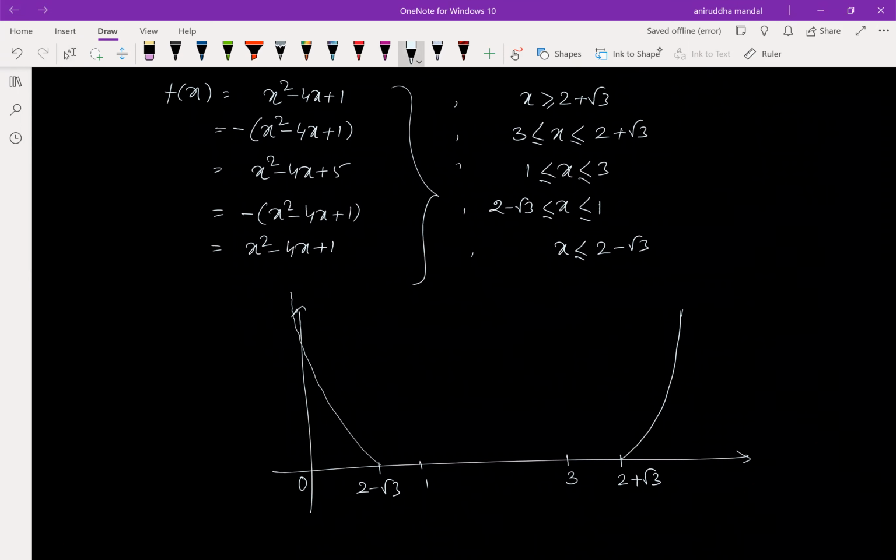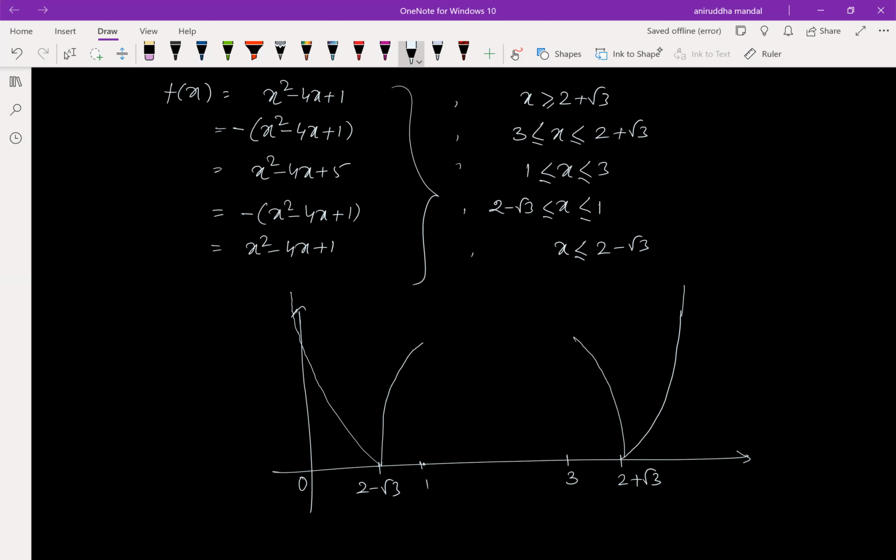Now next is in between 3 and 2 plus root 3. This is a negative graph. Negative graph means the parabola goes downward, so it looks like this. And a similar graph will be in between 3 and 2 plus root 3, and from 2 minus root 3 to 1.